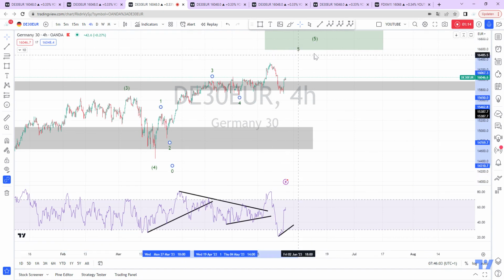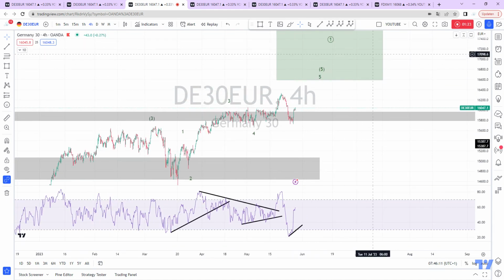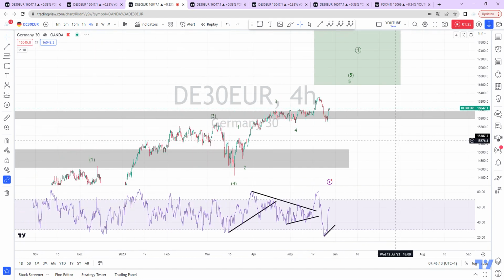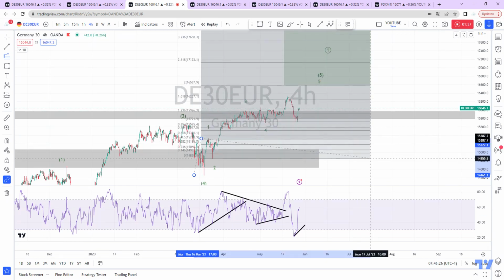For now, I keep my primary scenario like this. And then this becomes an interesting area to monitor, an interesting area for a short. And then this is the equal leg area here from your wave 1 and wave 2.